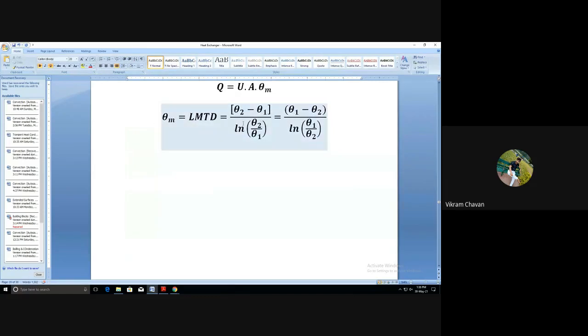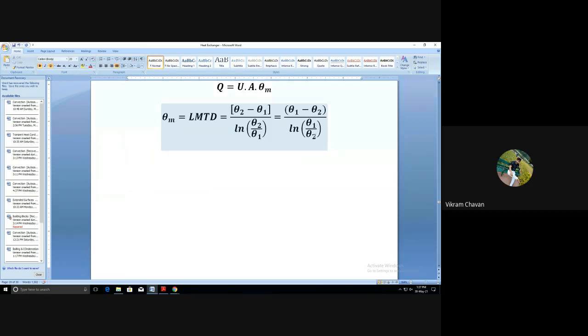So both the formulas for the LMTD are correct: theta 2 minus theta 1 divided by ln of theta 2 divided by theta 1, or else you can use theta 1 minus theta 2 divided by ln of theta 1 divided by theta 2.